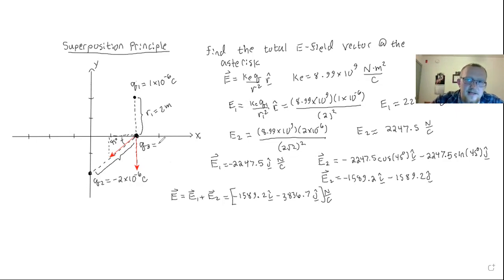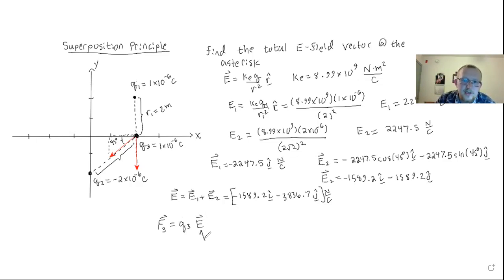So let's go ahead and say that Q3 is 1 times 10 to the minus 6 coulombs. So I know that the total force caused by the electric field on Q3 is equal to the amount of charge Q3 has times the total E field at the point that we place it, right?